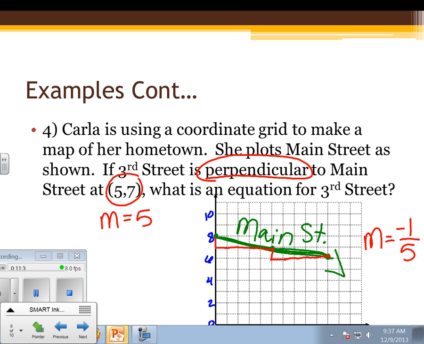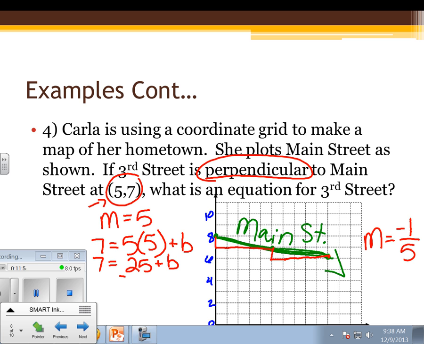So the slope of this perpendicular line is 5, and it goes through the point (5, 7). So y equals 5 times x plus b, where b is the y-intercept. When we solve, 7 equals 25 plus b.